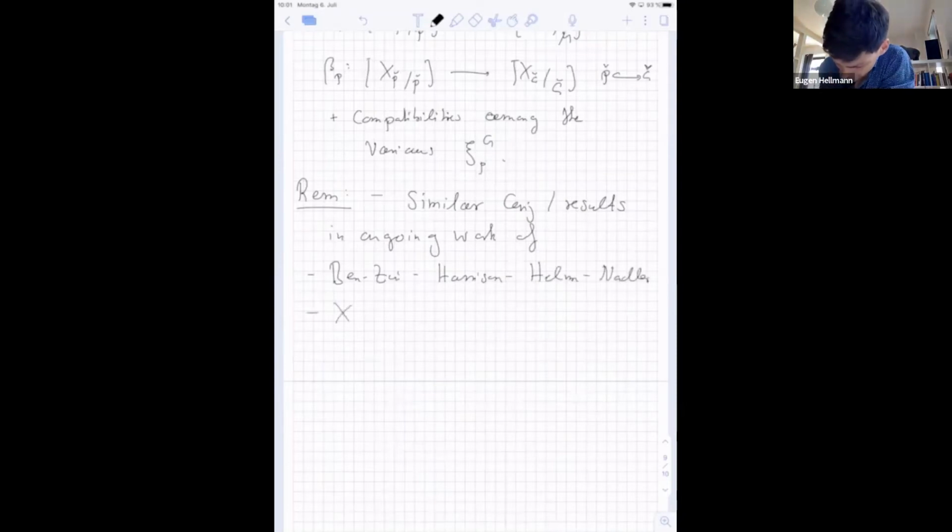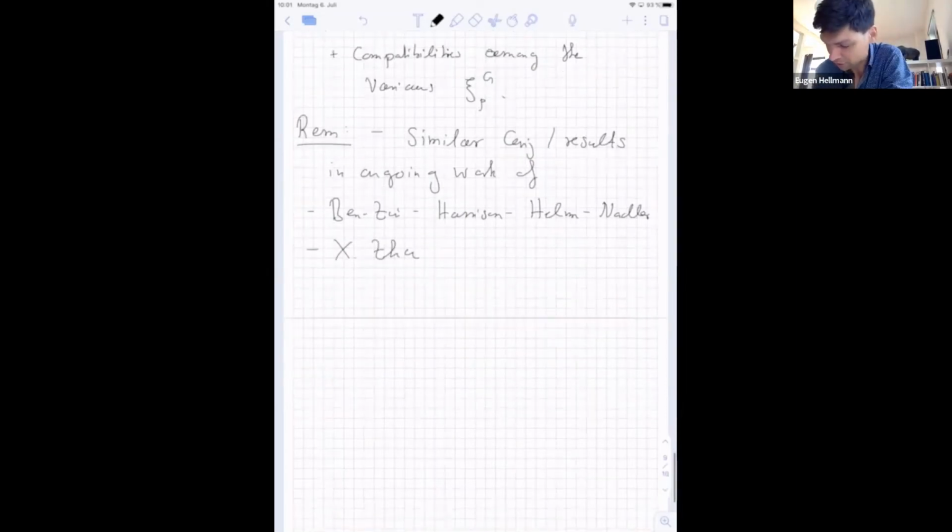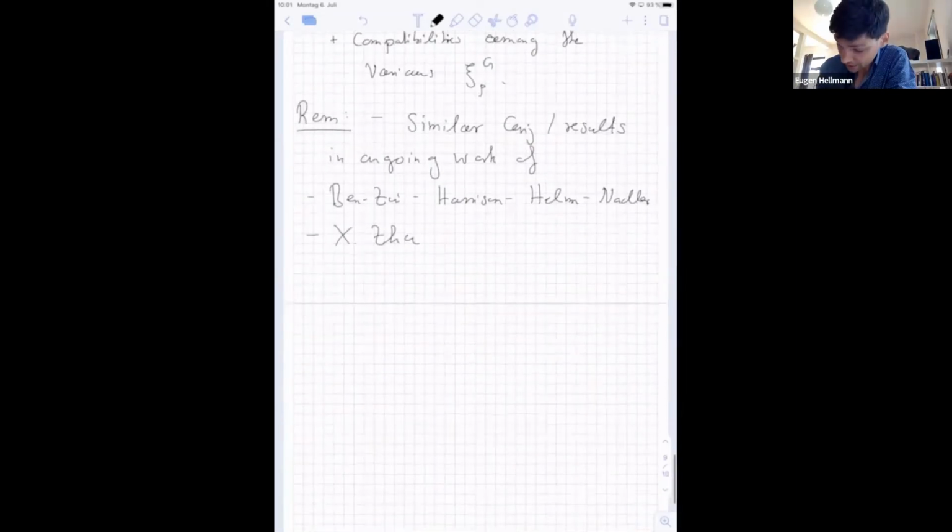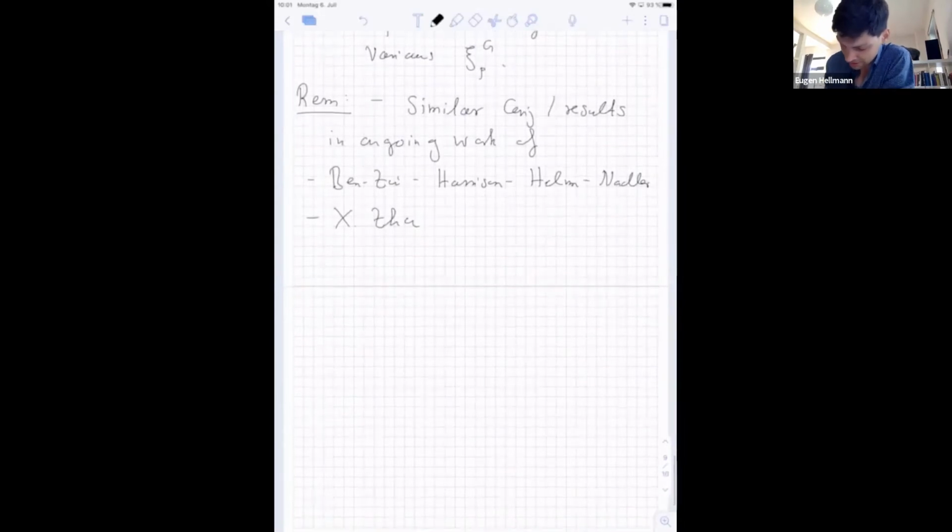And on the other hand, Xinwen Zhu is also working on related objects. So other people are working on the subject as well.